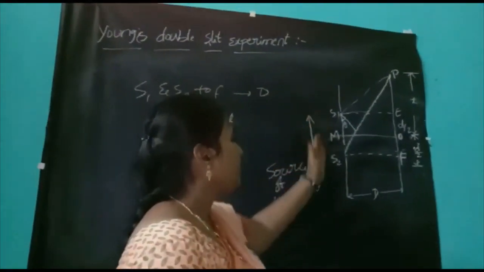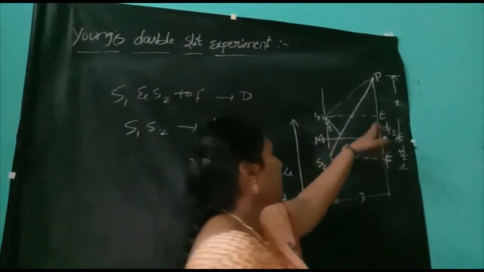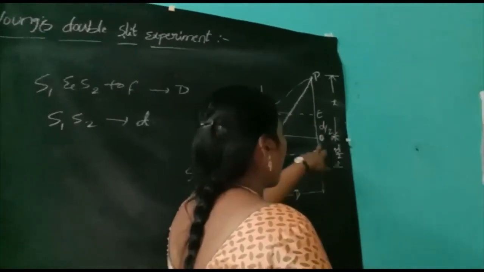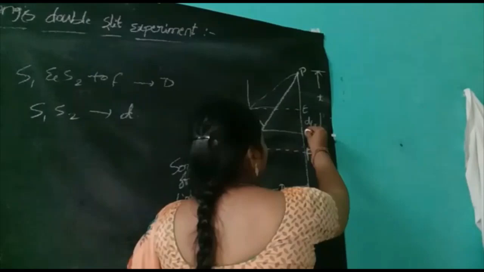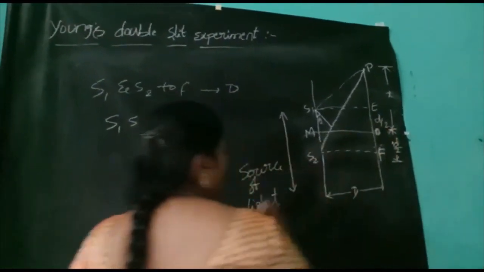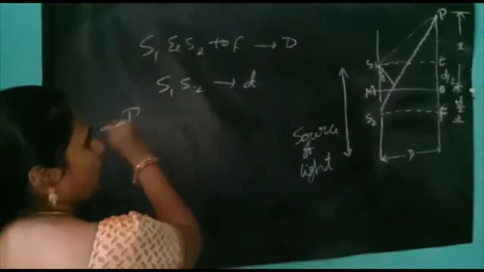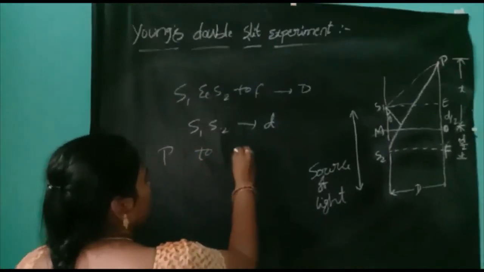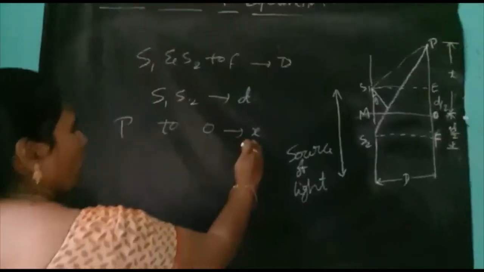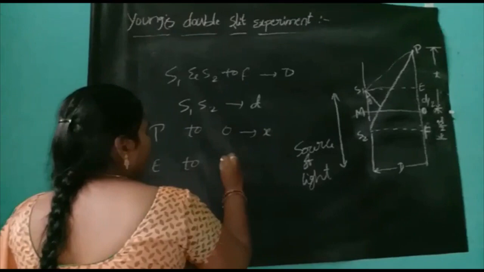Between S1 and S2, choose a middle point M. From this, I draw a straight line to the point O. Here, O is the middle point of the source. The distance from P to O is x, and the distance from E to O is d by 2.